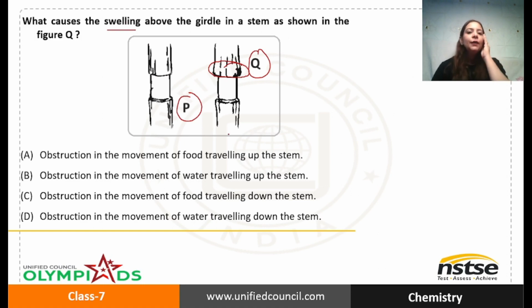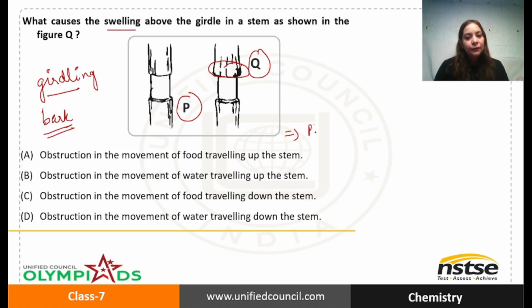Now let me tell you, if I talk about girdling, or girdle, what is it? It is basically cutting the complete part of a stem, or you can say removing the bark of the tree, completely removing the bark of the tree from its circumference. Now when we remove the bark, then what happens?